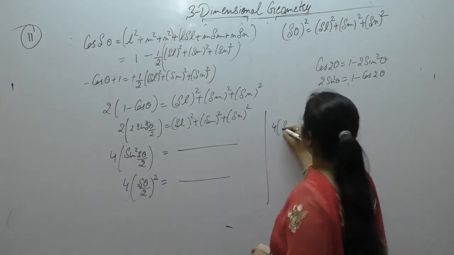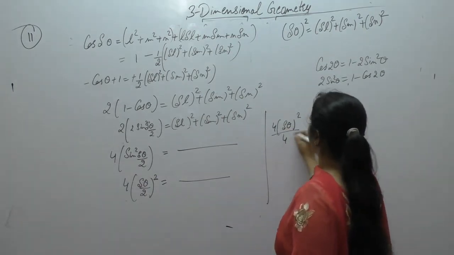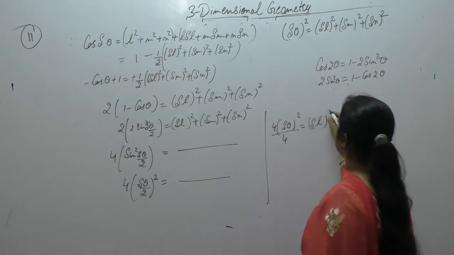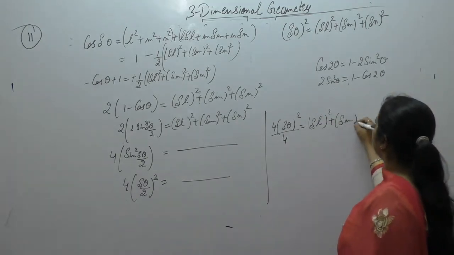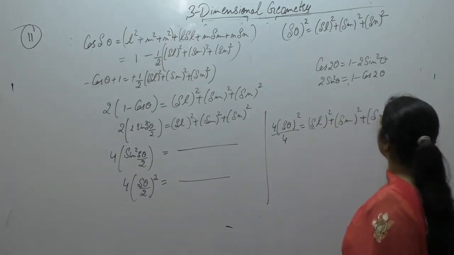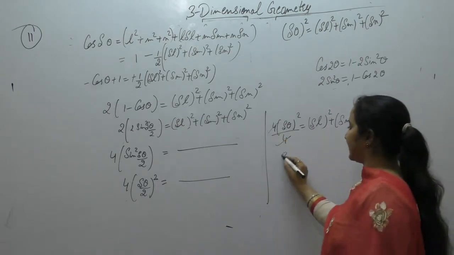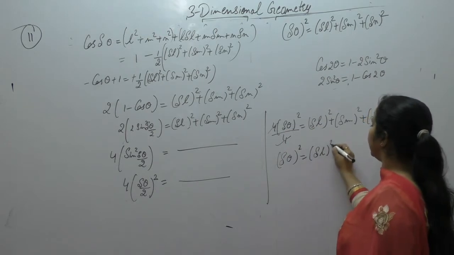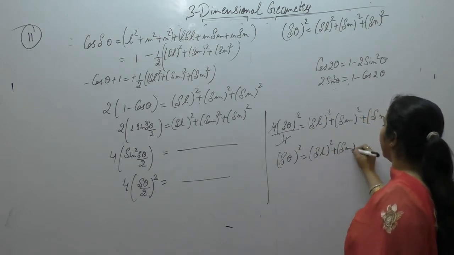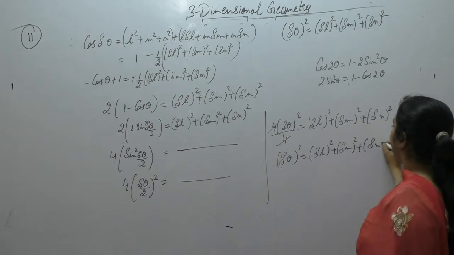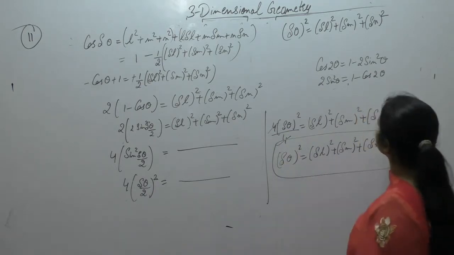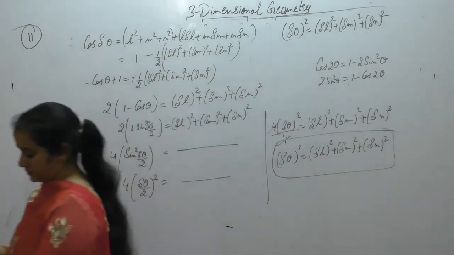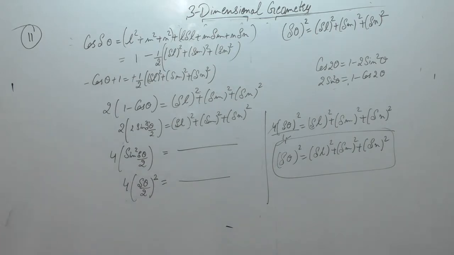So 4 delta theta squared upon 4 is equal to delta L squared plus delta M squared plus delta N squared. The 4s get cancelled. So we get delta theta squared is equal to delta L squared plus delta M squared plus delta N squared. This is what we wanted to prove. Note up to here.